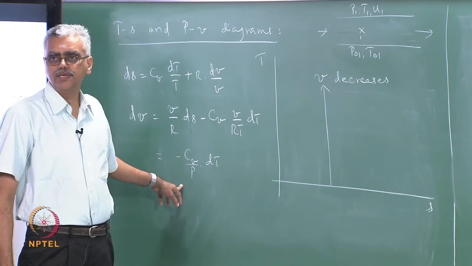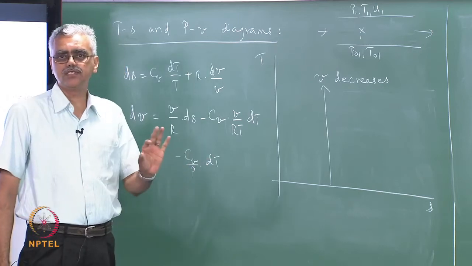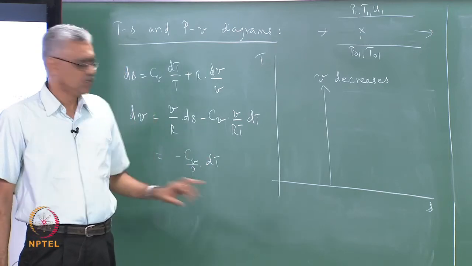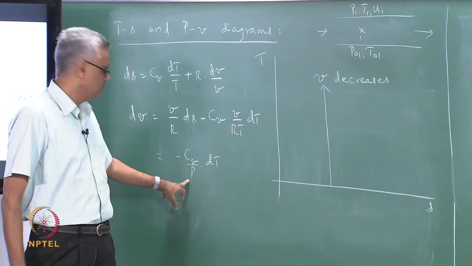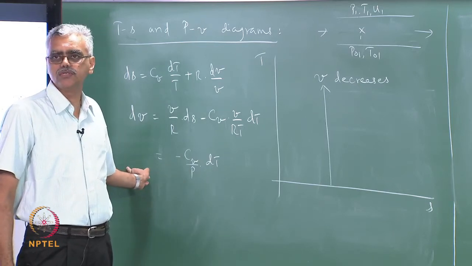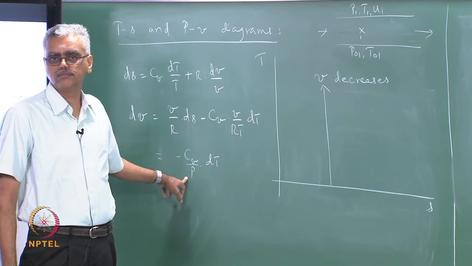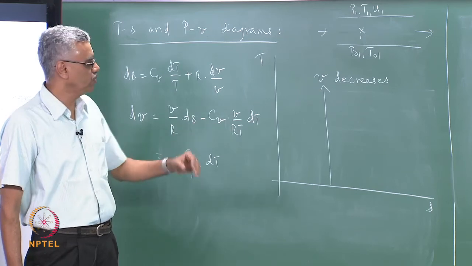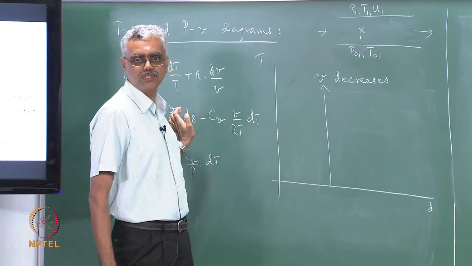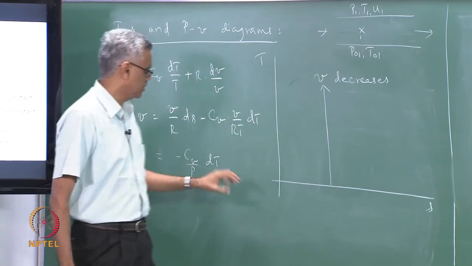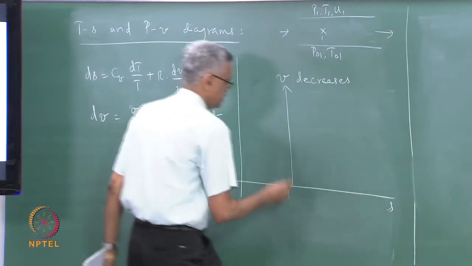This also tells me that for a given change in temperature, let us say dT is 10 Kelvin, at low values of pressure, the change in specific volume is much higher than at high values of pressure. Okay, we will show next that pressure increases in this direction. So for example, let us denote the given change in temperature like this.